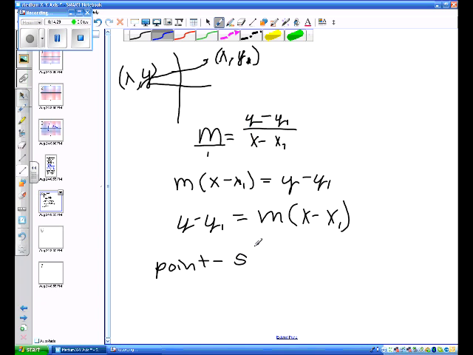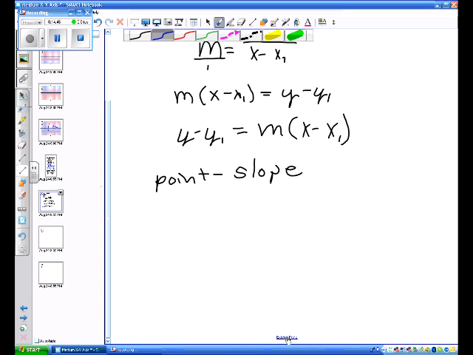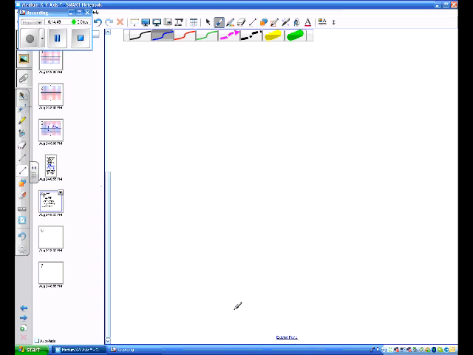So we call this the point slope formula. It's a very important formula that we will work with quite often. If you know the slope and you know a point, then you're going to be able to write an equation and find any of your other points. And that's why we need the equation, to find any other point on the graph.